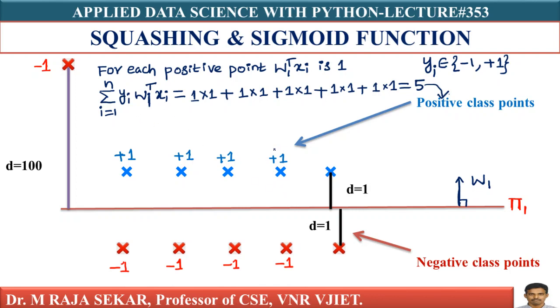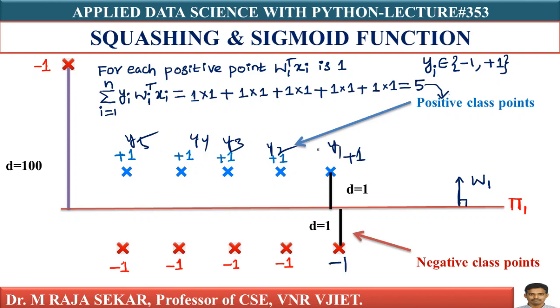What is my yi here? This is y1, this is y2, y3, y4, y5. 5 points. Of course, this also has plus 1. This is minus 1.